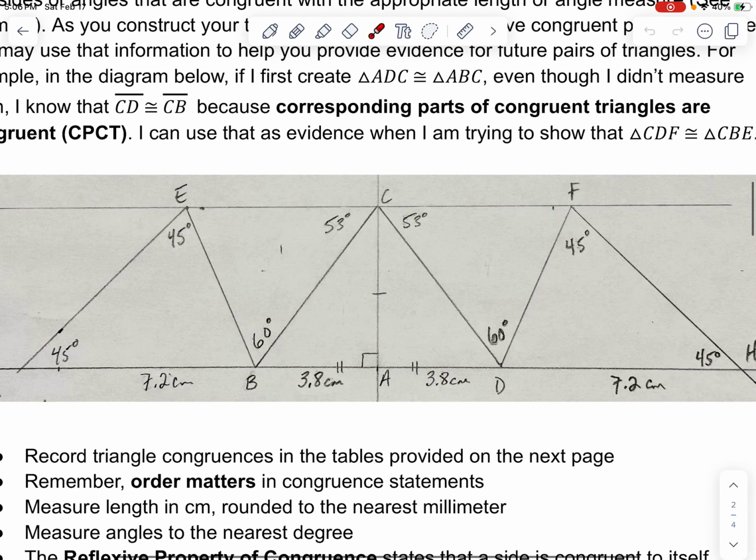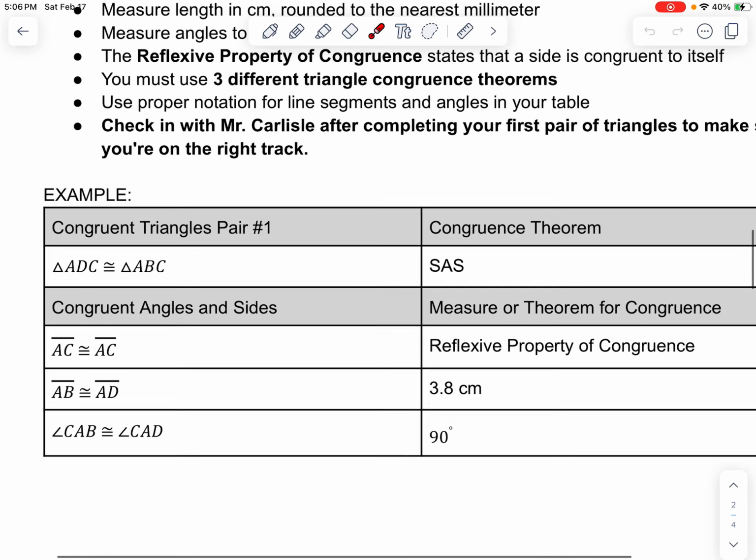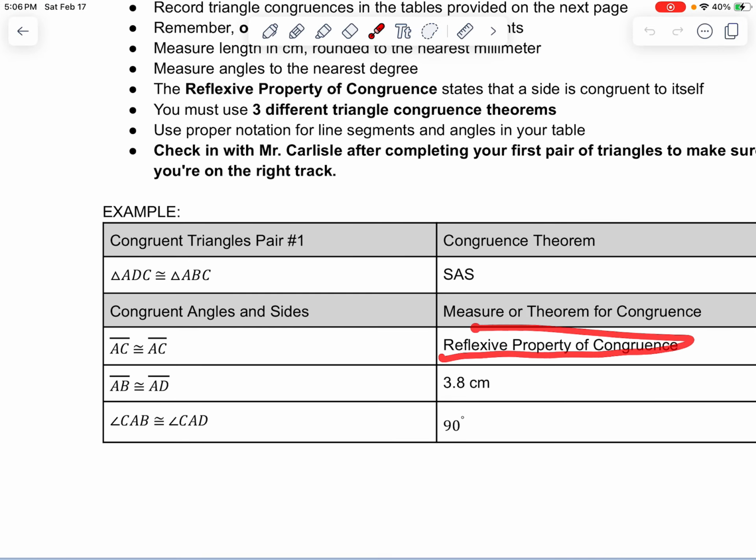AC is this side right here. If I'm going to say AC in this triangle is congruent to AC in this triangle, we know that's true because of the reflexive property of congruence. This other side I measured, and this angle I created to be 90 degrees.